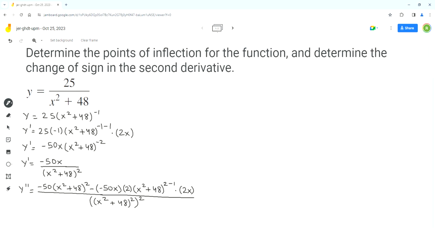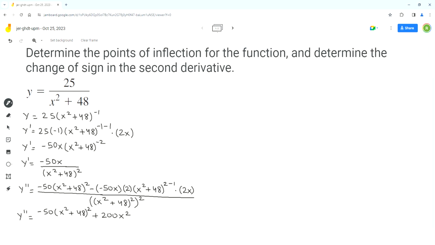Now we can simplify the numerator. In the second part, it becomes positive 200x squared, because minus -50x will become positive 50x.